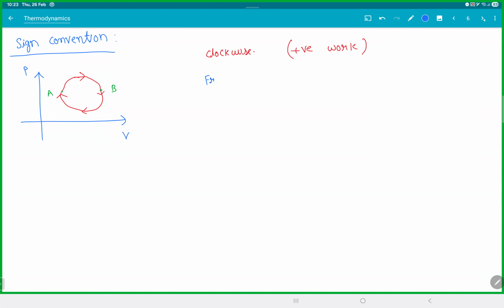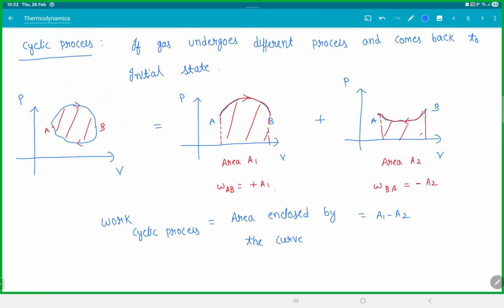This is the explanation. When you go from A to B, volume increases at a higher pressure. So integral P dV, P is high, dV is positive. You can clearly see from the previous graph, A1 is bigger than A2.